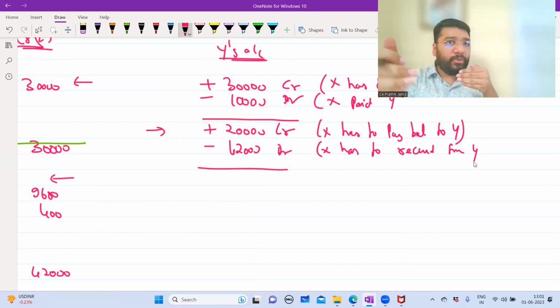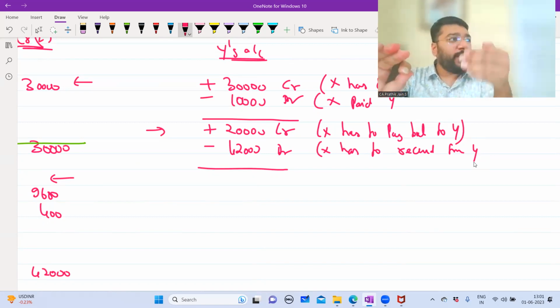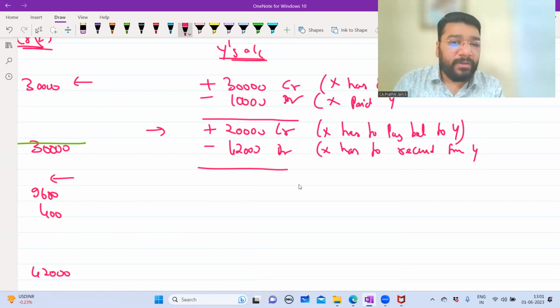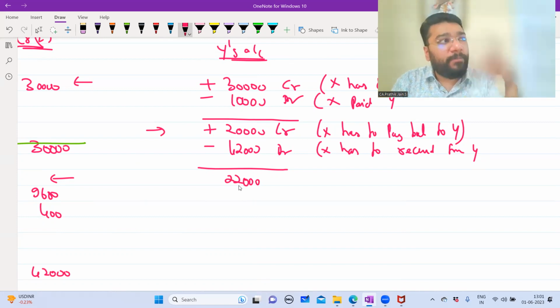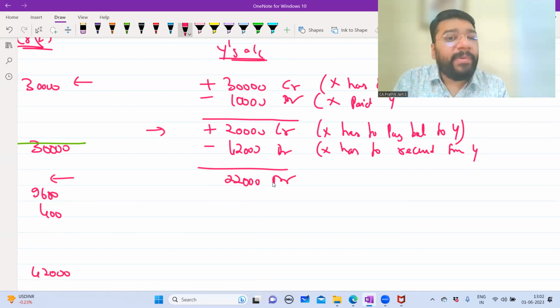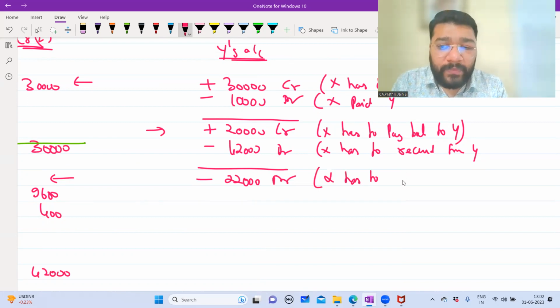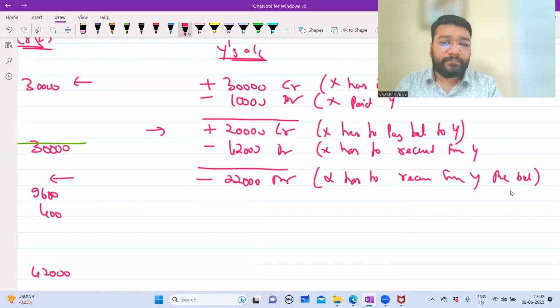Receive 42, pay 20. So you net off. Net balance is what? 22,000 rupees. Does X have to receive or pay? It is a debit balance. Debit means asset. So X has to receive the balance 22,000 from Y.